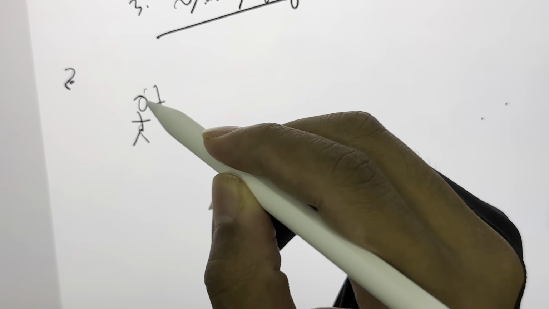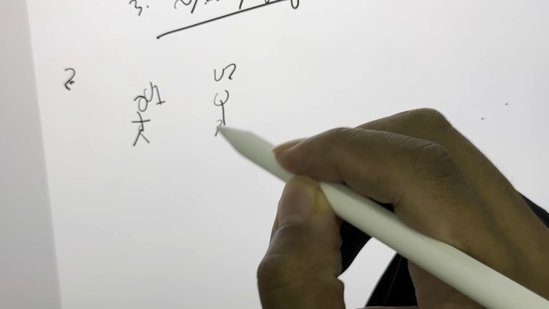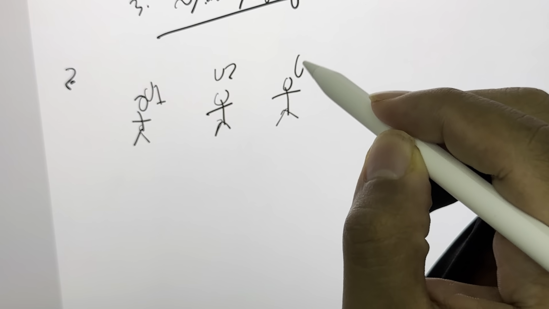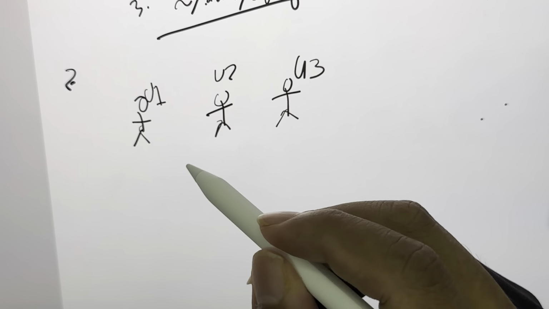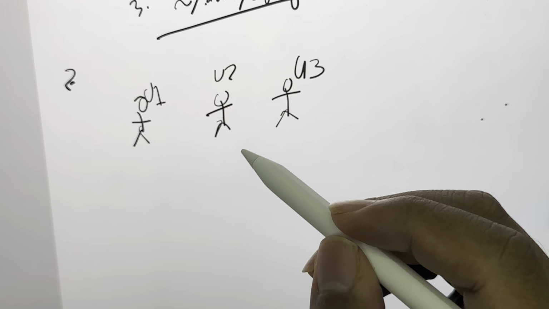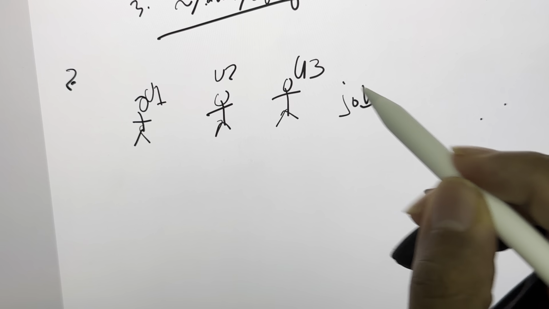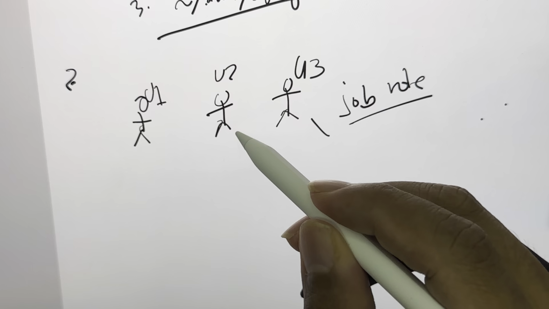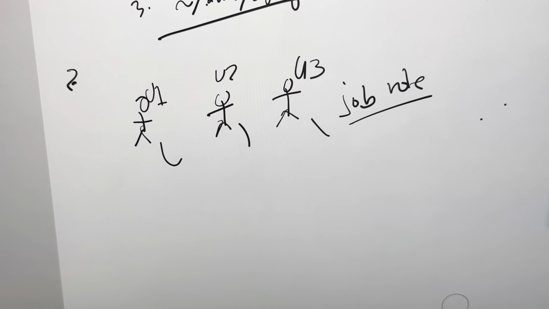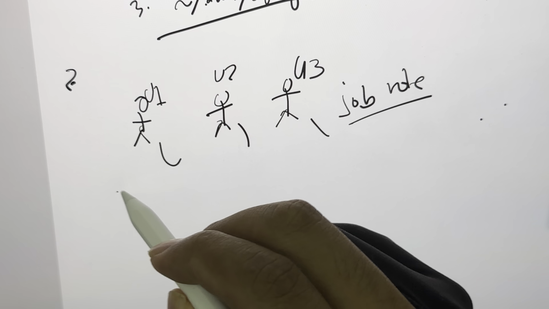User 1, user 2, user 3, and they have the same job role. Okay. Apply a permission policy to an IAM role and allow the users to assume the role. Add the users to an IAM group and apply permission policies to the group. And number 3, add an inline permission policy to each individual. So the answer for this one should be 2.